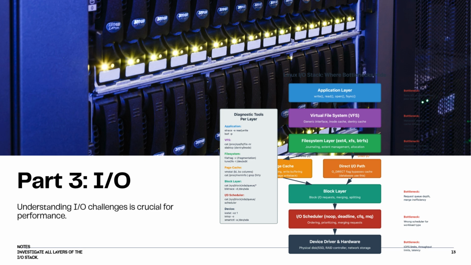RSS is resident set size, the physical memory actually in RAM. That's what matters. Modern applications pre-allocate huge address spaces, but only physically use what they need. Don't panic about high VSZ numbers. Now the OOM killer. When Linux runs out of memory and swap, the out-of-memory killer terminates processes.